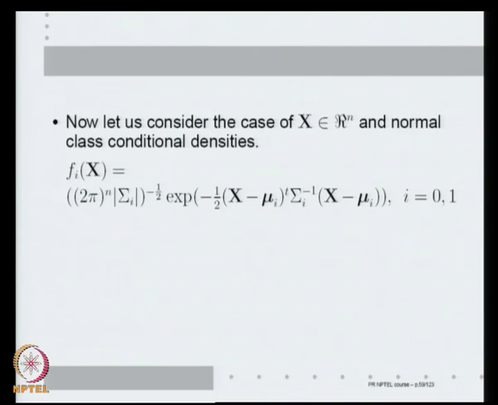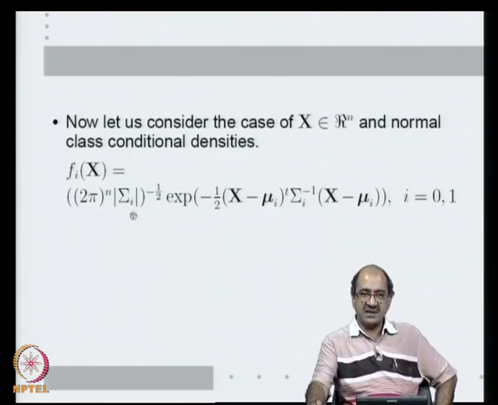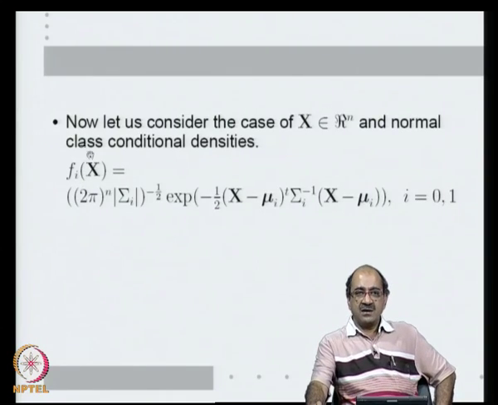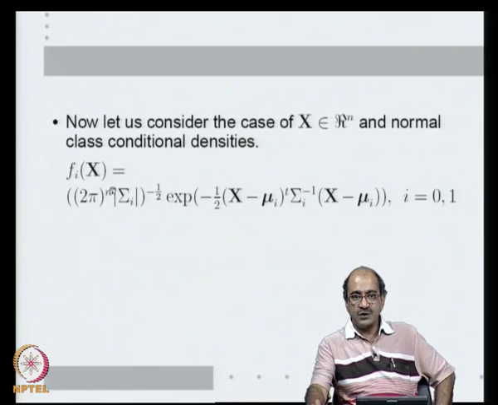Now, let us become more ambitious and consider the n dimensional case, once again with normal class conditional densities. Now that we have done it for 1 dimension, we can do it a little quicker. The n dimensional normal density is given by this: 2 pi to the power n, into the determinant of sigma i, whole to the power minus half, and exponential of minus half the quadratic (x minus mu i) transpose sigma i inverse (x minus mu i).